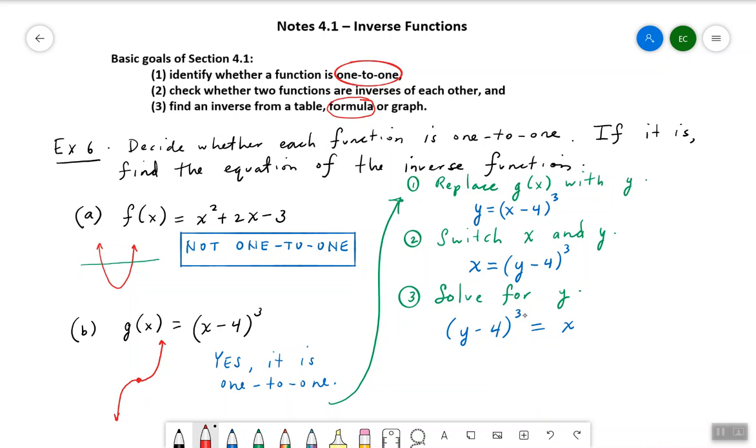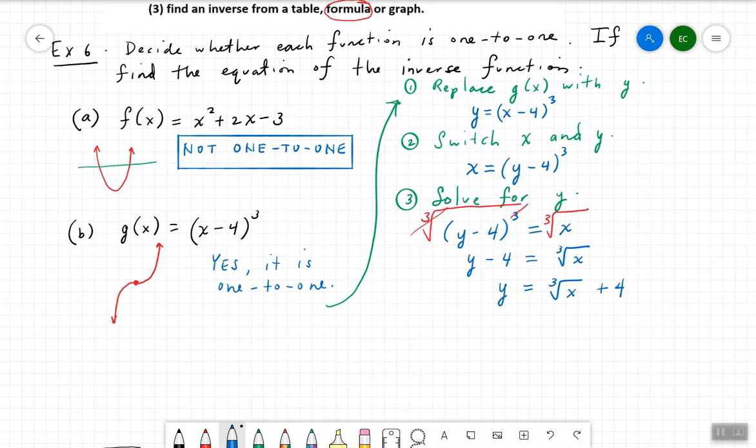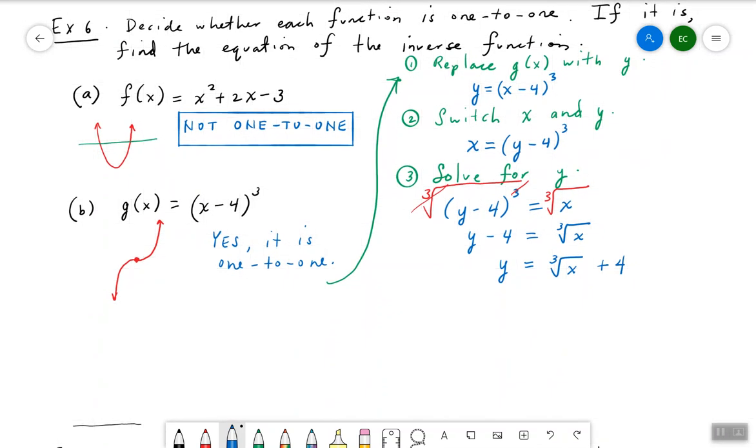So to do the opposite operation for the cube, we'll take the cube root of both sides. The cube root and the cube cancel, and we're left with y minus 4 equals the cube root of x. And then when we add 4 to both sides, we get the cube root of x plus 4. Make sure the plus 4 is not underneath the radical. And then the last step is just to call this function by its formal name.